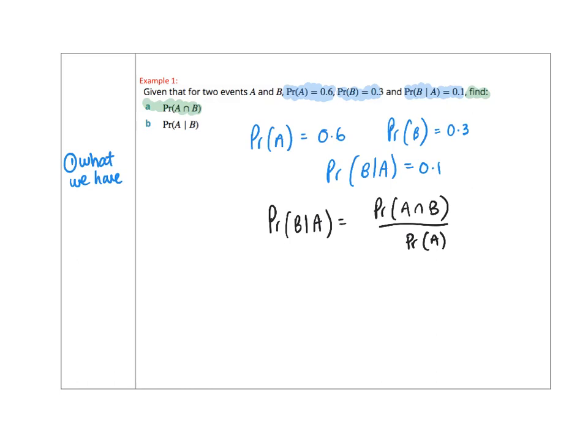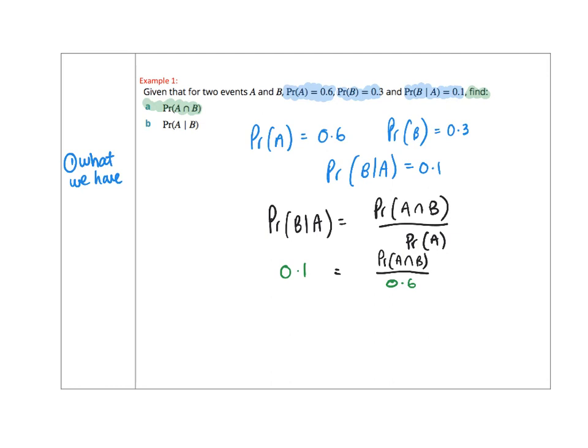Now, we don't have A and B. We do have the probability of A, and we do have the probability of B given A. So we can try and substitute these in. 0.1 is equal to the probability of A and B divided by 0.6, which we also know from the question.